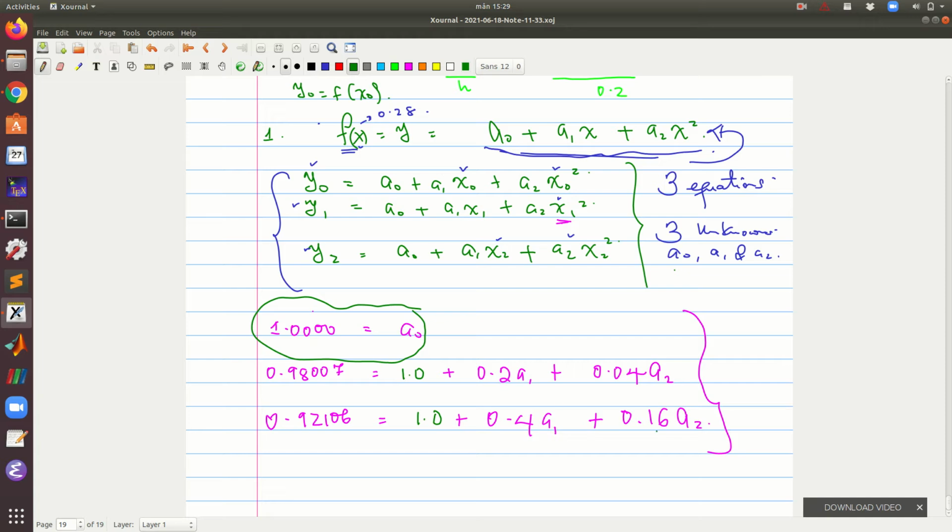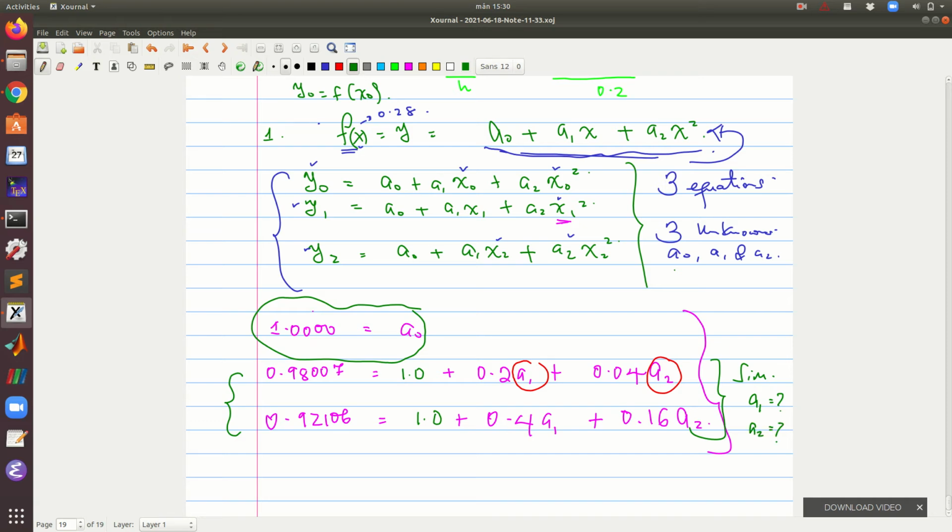So now we have reduced this to just solving the simultaneous equations, where the only unknowns remaining are a1 and a2. Okay, so you just solve this simultaneously to find the value of a1 and the value of a2.